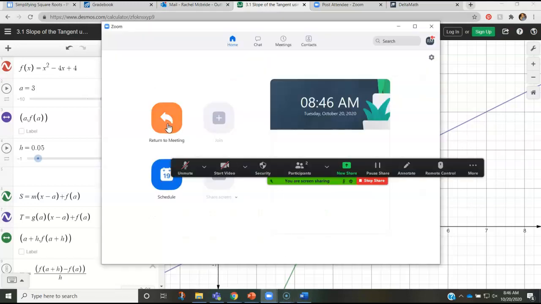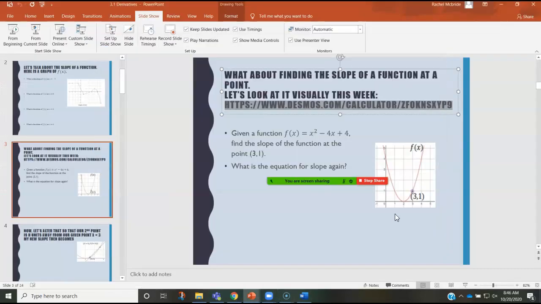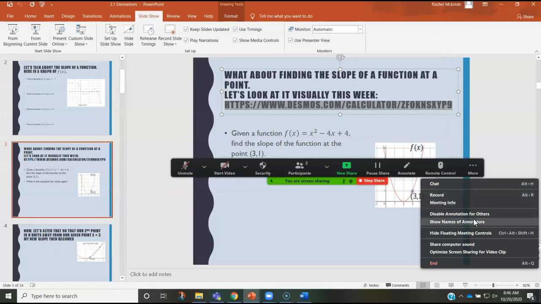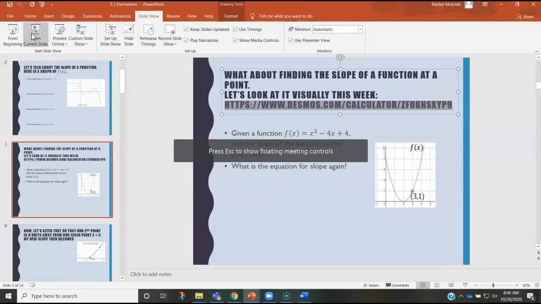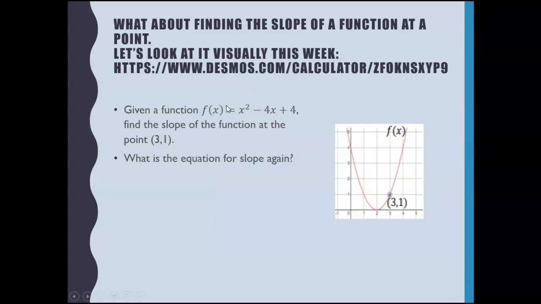So going back to our notes, given that function, if we find the slope of the function at the point 3, 1, what is the equation of slope again? So what's our equation for slope? Just in general, slope is what? How do you find slope of anything?